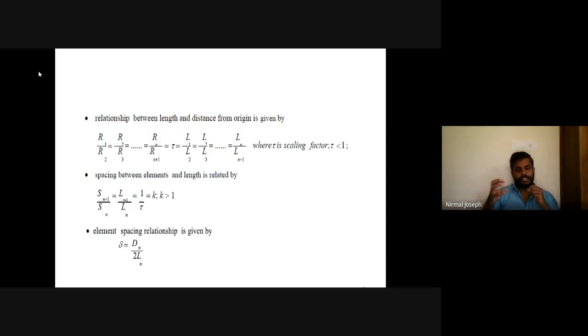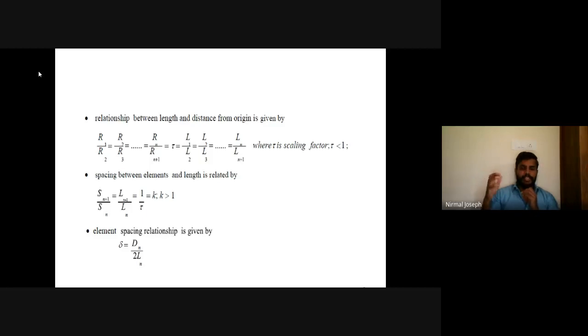These are the things we need to remember while constructing a log periodic antenna array. The separation between the elements should also increase with respect to tau. And as you already know, the individual element size should increase with respect to tau.